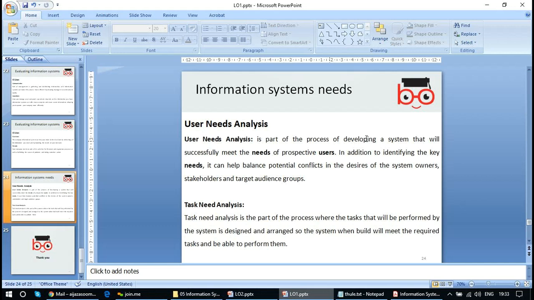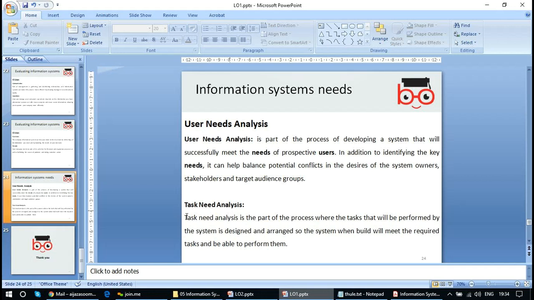User need analysis is a part of the process of developing a system that will successfully meet the needs of the prospective user. So you have to analyze what the prospective needs are, and in addition to identifying the key needs, it can help balance potential conflicts in the desires of the system owners, the stakeholders, and target audience groups.